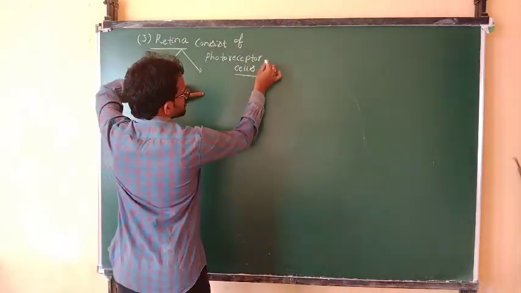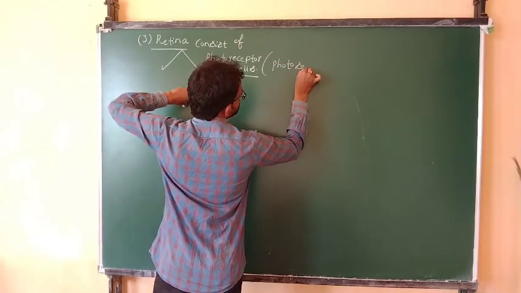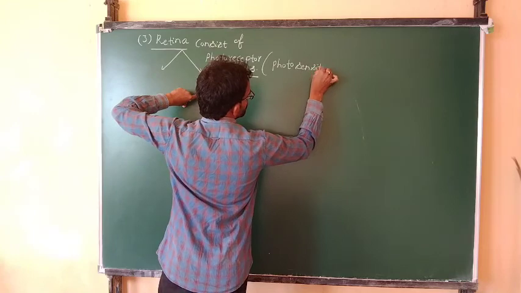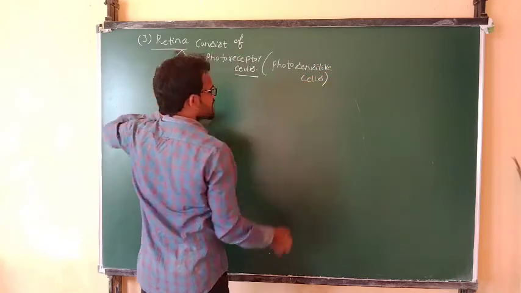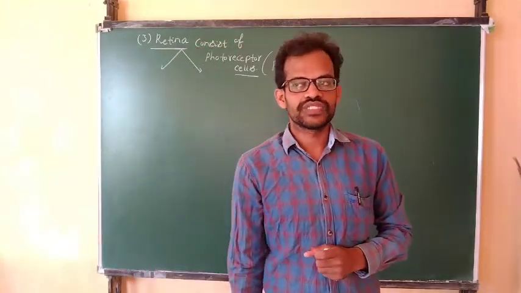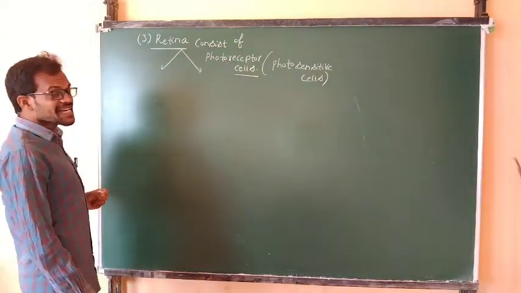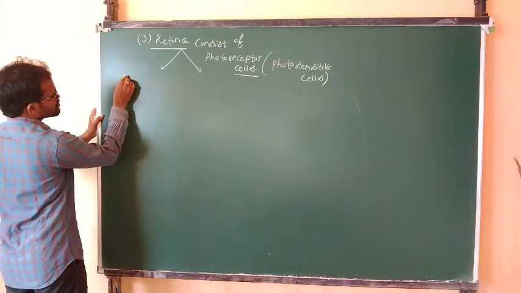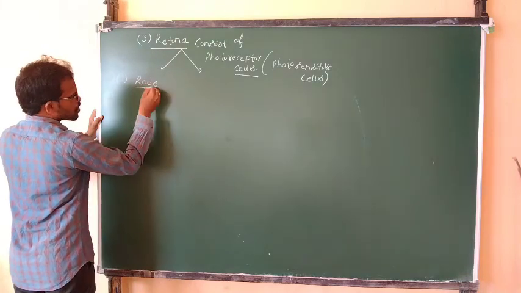Photoreceptor cells means photosensitive cells. They receive light. Two types of photoreceptor cells are present in the retina. The first is rods.